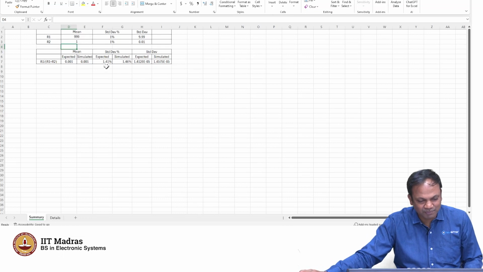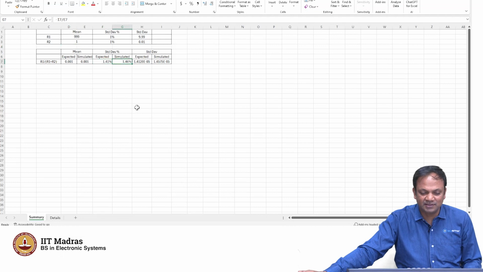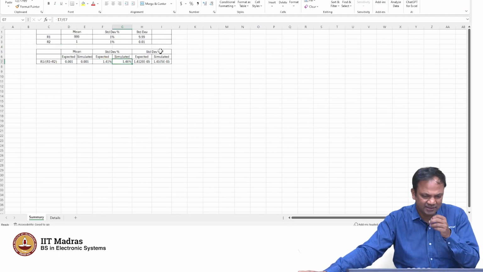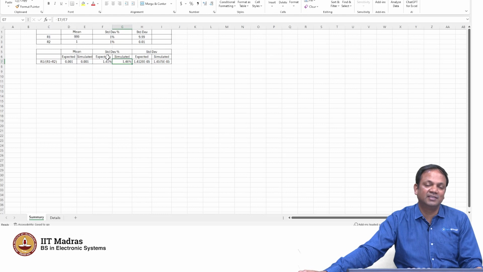So as you would expect, here you can see that the standard deviation, as a percentage, is much higher now. The standard deviation as an absolute number hasn't changed, but because the mean value is much lower, as a percentage the standard deviation is higher.